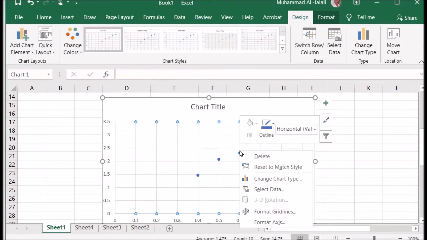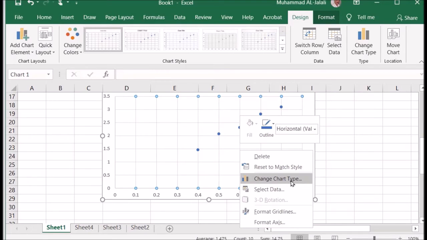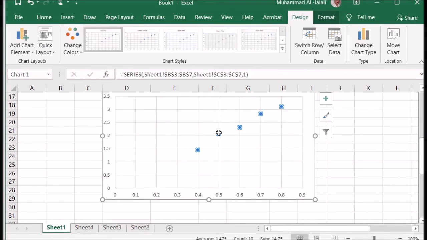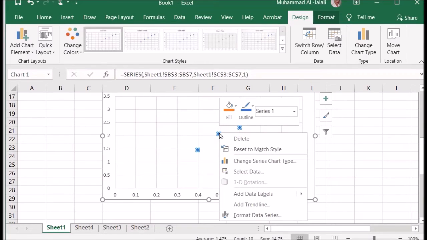Click right at any point and go to the list.